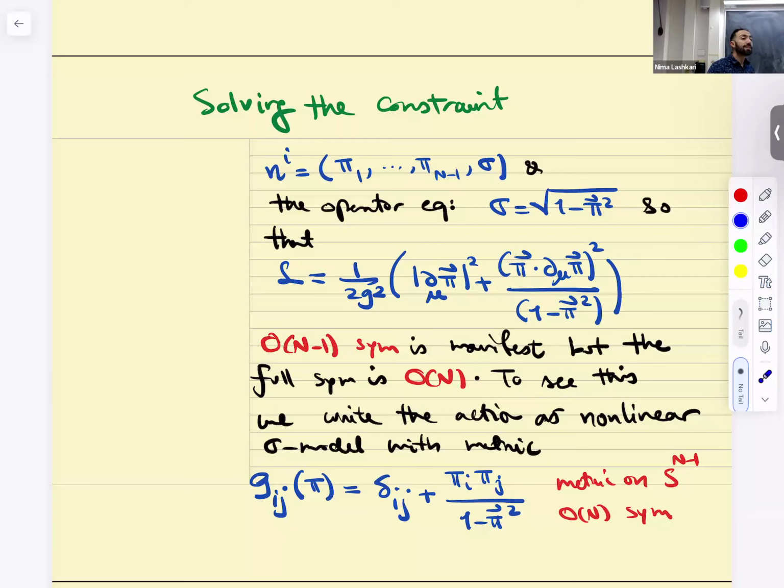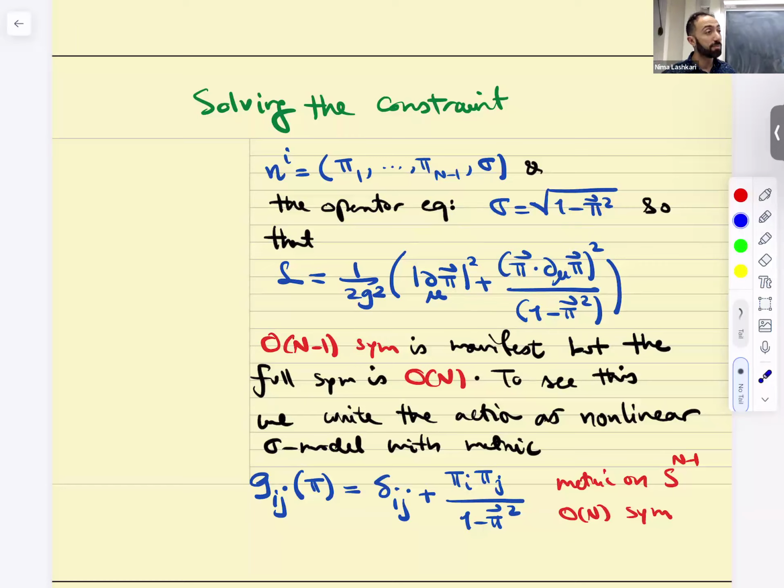To see it, you have to write it in the form of a metric that's associated with the S^(n-1) sphere. The extra bit is realized non-linearly. The relative terms here are essential to lift O(N-1) to O(N).